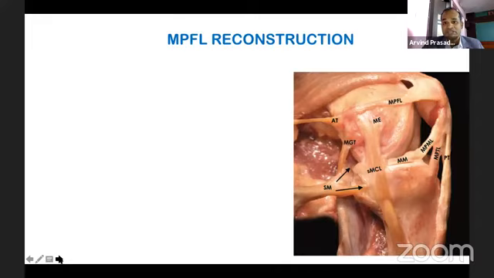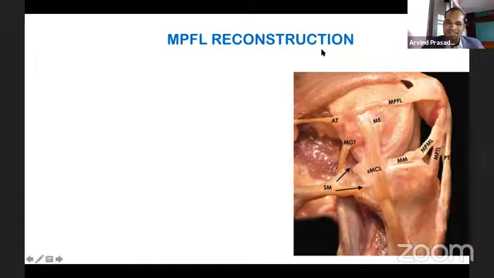So for those who have recurrent dislocation, there is the concept of MPFL reconstruction, and this reconstruction is needed in almost each and every case of dislocation surgery, whether it's TT Fulkerson osteotomy or trochleoplasty surgery or any rotation surgery. In most cases, this MPFL is either torn or stretched.